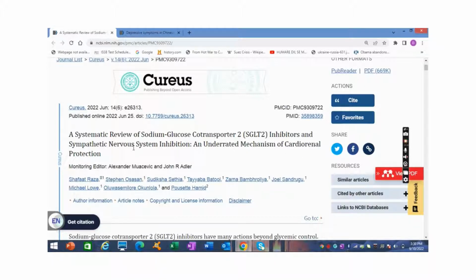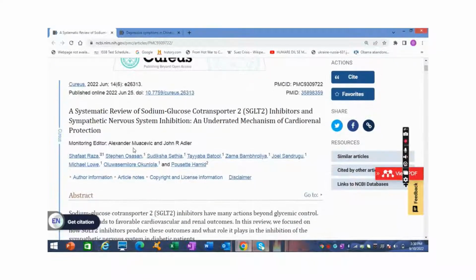So now this research paper is written about the role of sodium glucose inhibitors in the cardiorenal protection with the sympathetic nervous system inhibition as one of the mechanisms. This was a research problem. What was the research problem? See the effect of SGLT2 inhibitors on the sympathetic nervous system in patients with cardiorenal diseases, in which the SGLT2 is claimed to be quite beneficial.